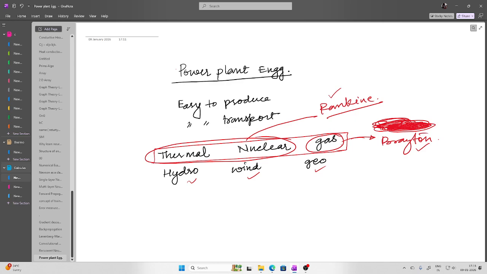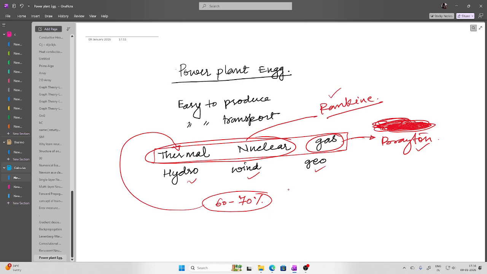You all know that in a country like India, close to 60 to 70% of the power production is from thermal power plants only, and the remainder from others.